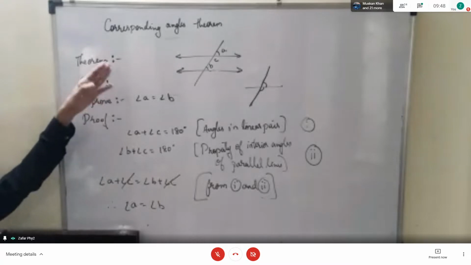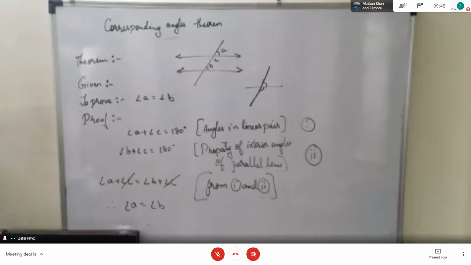Don't write this, write it later, okay? Just write what I have written on the board and leave some space which I have not written. That is given and theorem.